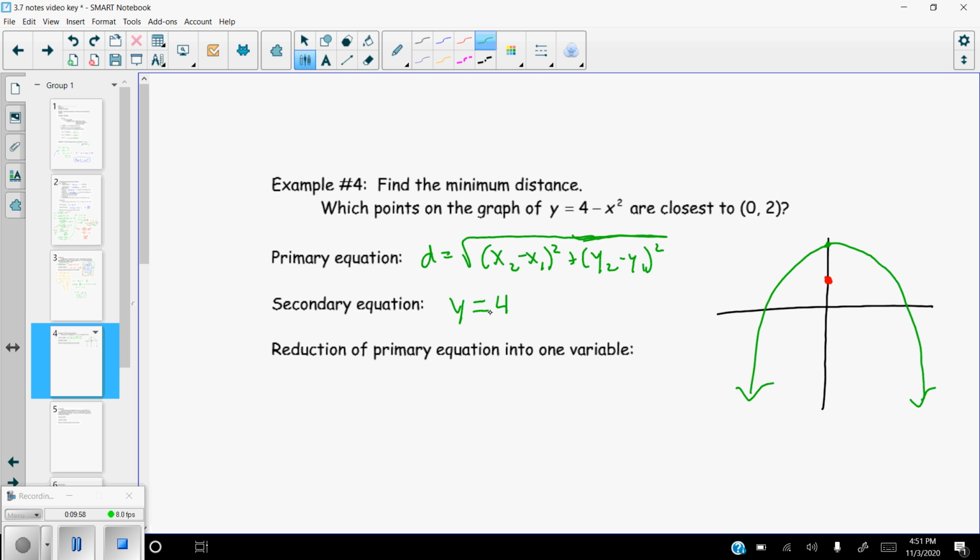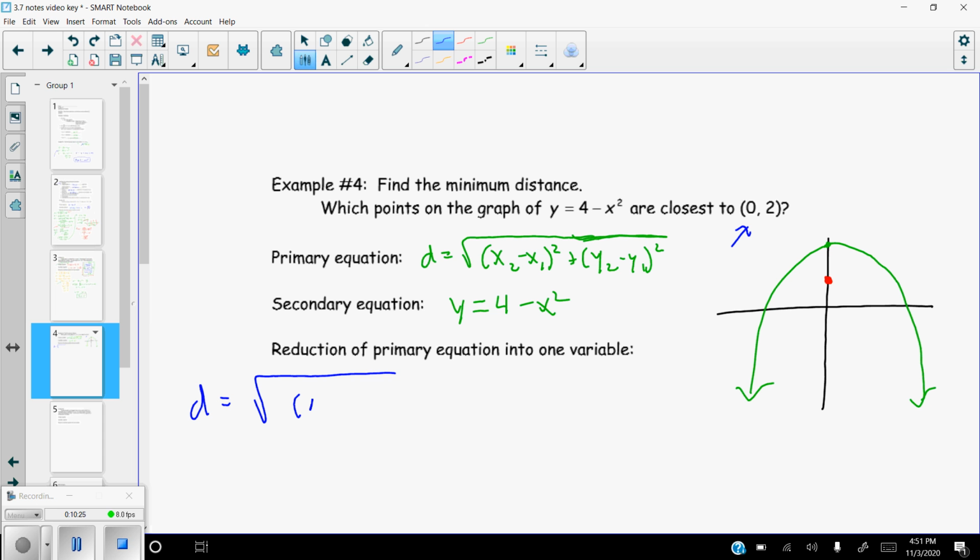It tells us that y equals 4 minus x squared is a secondary equation. Okay, so let's go ahead and set up our distance formula with the primary reduced with the secondary. So we have the distance is going to be x2 minus x1 squared, but x1 in this case is 0.